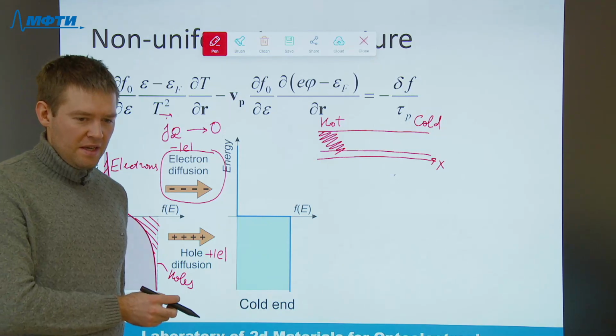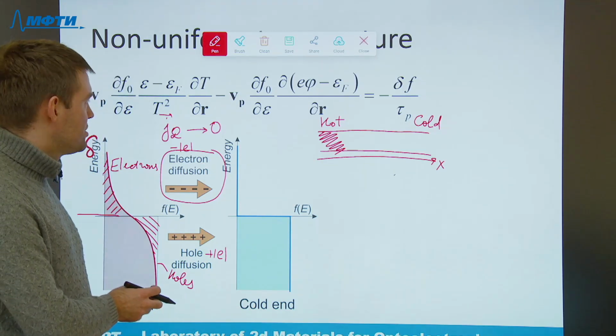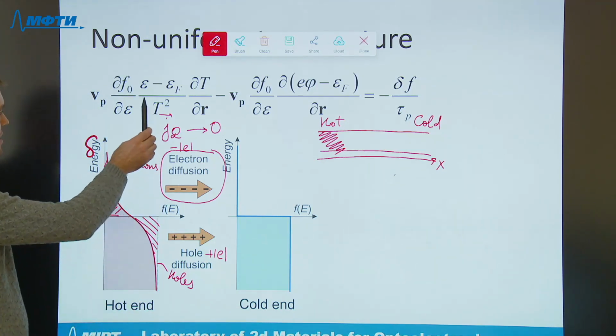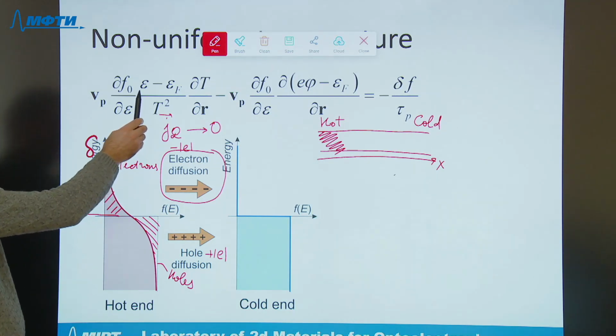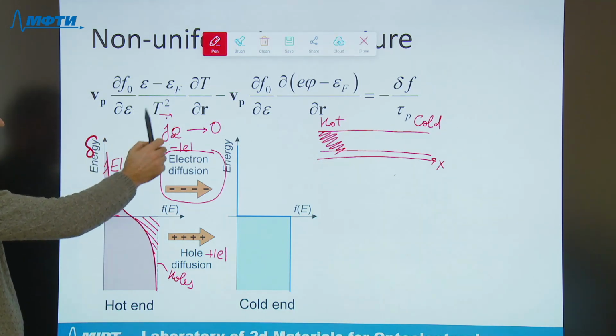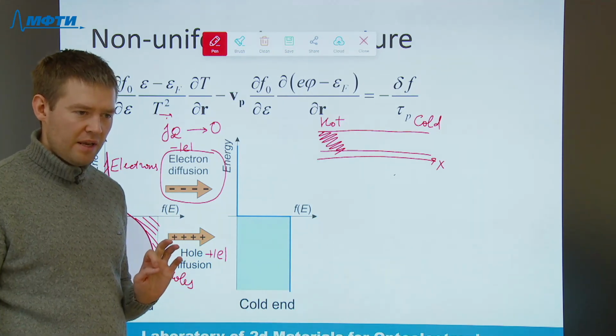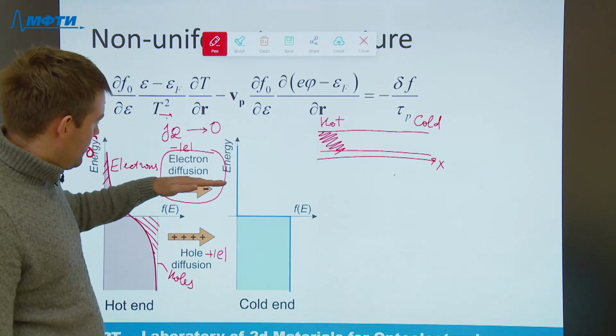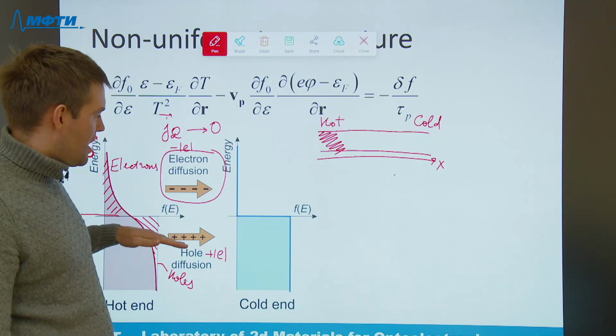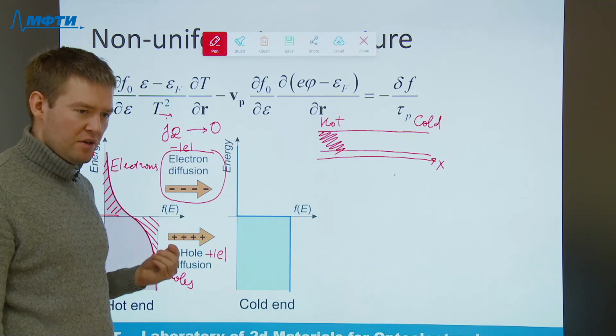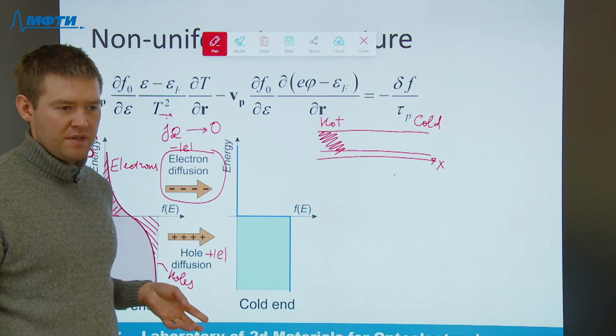We will see further in the next lecture that this sign alternating term, E minus EF, is responsible for almost complete compensation of electron current above the Fermi surface and hole current below the Fermi surface.